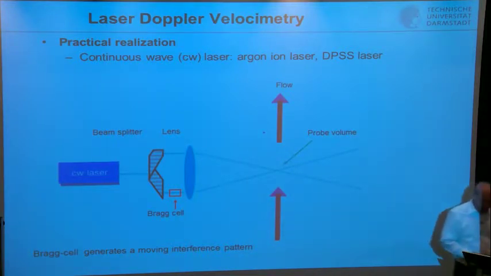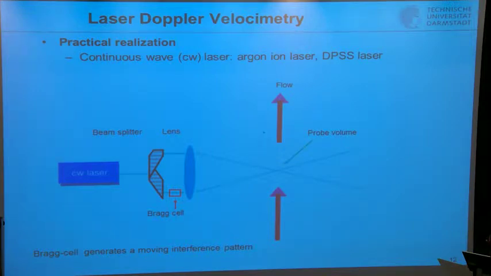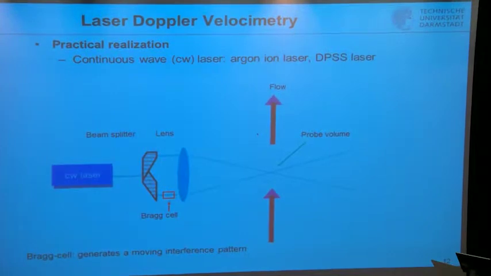Okay? And so the simple setup is shown here. You have here a CW laser. In former times, it was an argon ion laser with different frequencies coming out. Nowadays as well, you have solid-state lasers. You split it into two beams. At least one beam must be frequency modulated by this Bragg cell to have these moving interference stripes, and then you can have here your probe volume.